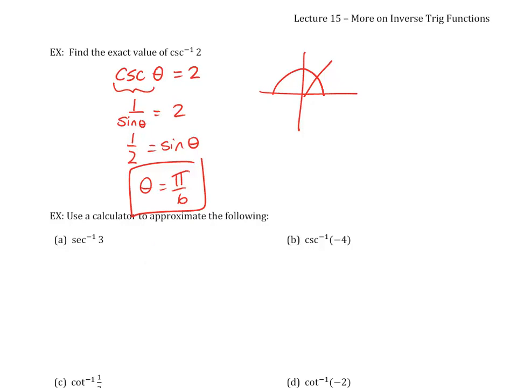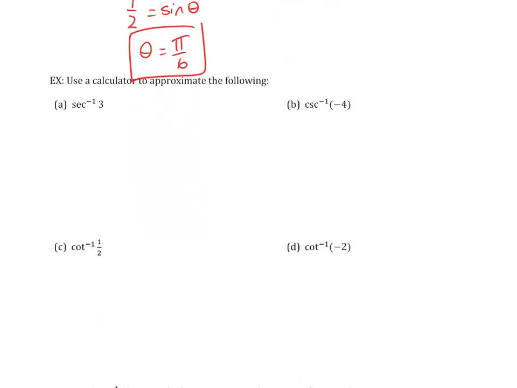The same thing's true if you can't find the angle exactly and you need to go to a calculator. You'll find in most circumstances your calculators do not have a secant inverse, a cosecant inverse, or a cotangent inverse. But they do have the arc cosine, or inverse cosine, and arc sine, or inverse sine. So you can just convert this. This says secant of theta is equal to 3. And then 1 over cosine of theta is the same thing as secant.